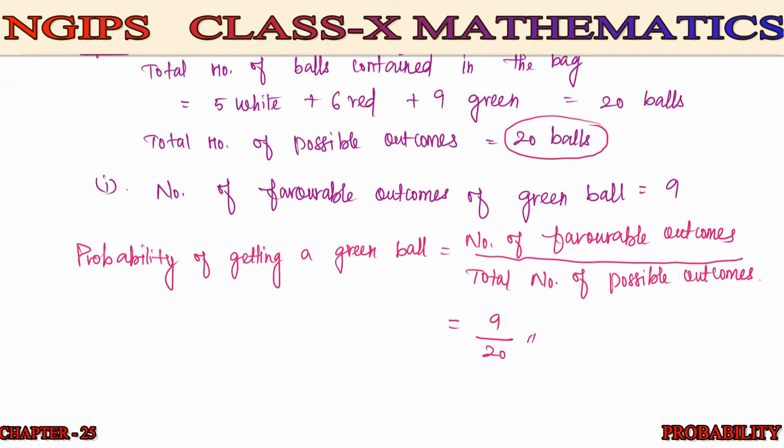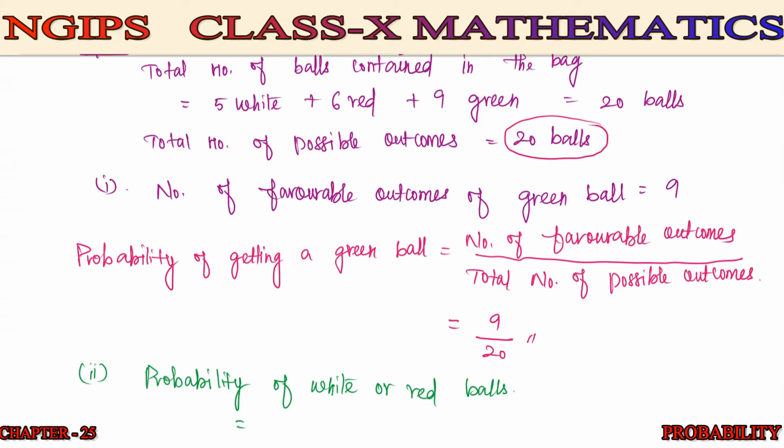Next, the second sub question, we need to find the probability of white or red balls. So it is equal to favorable outcomes.